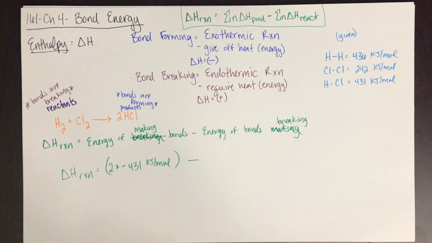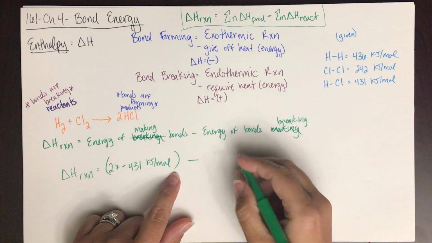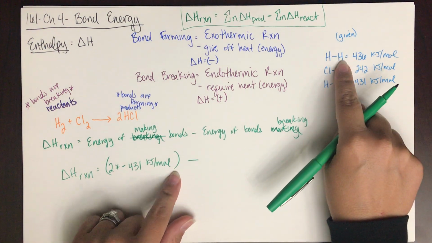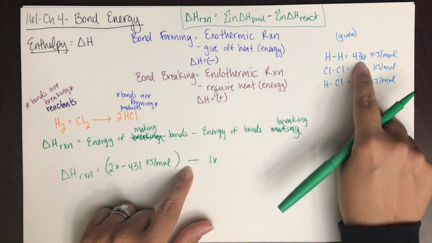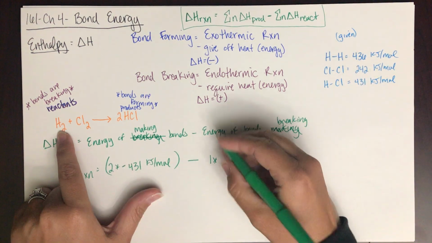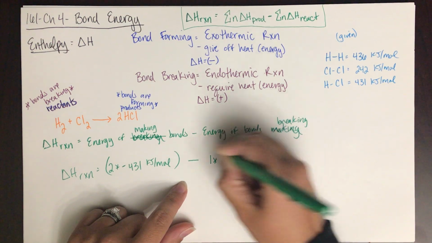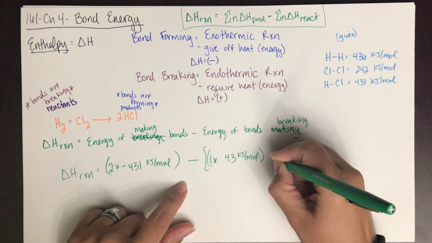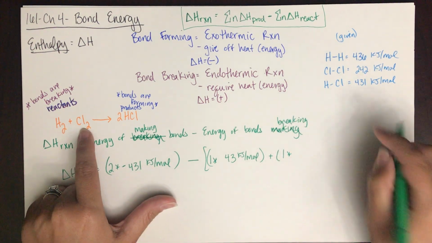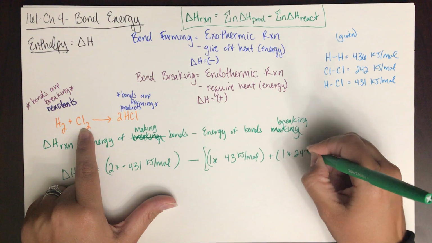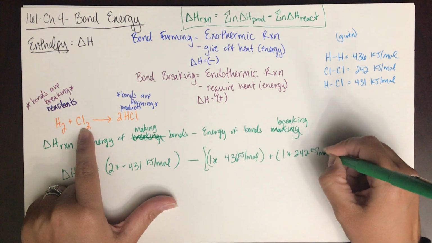Then the bonds that are breaking, I have 1 mole of the hydrogen, 436 kilojoules per mole, plus 1 mole of the chlorine, 242, whoops, I forgot a 6 there, 242 kilojoules per mole.